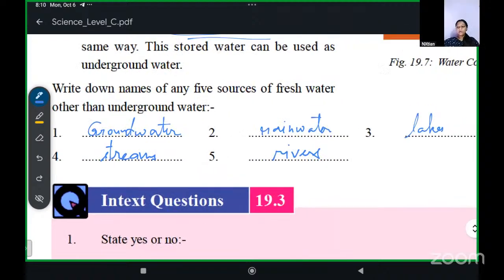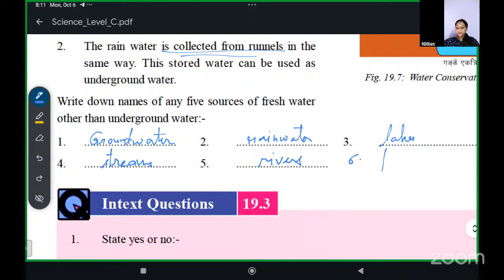You can also mention ponds. Some glaciers and ice caps also.